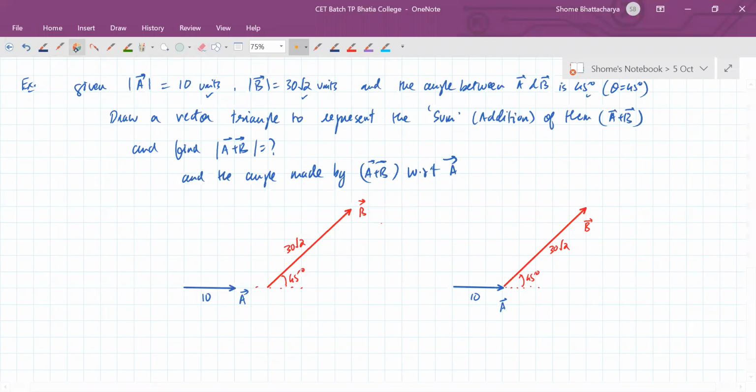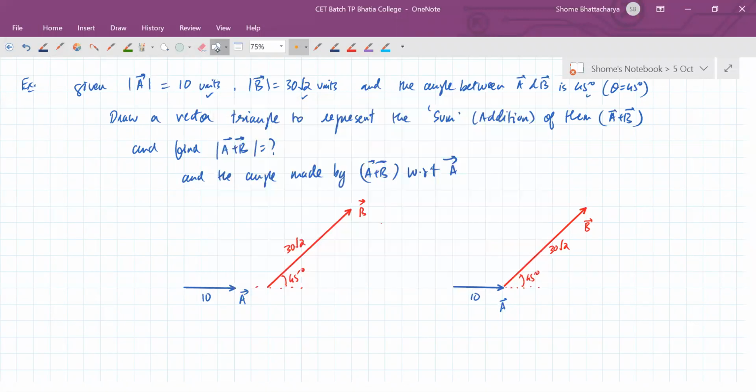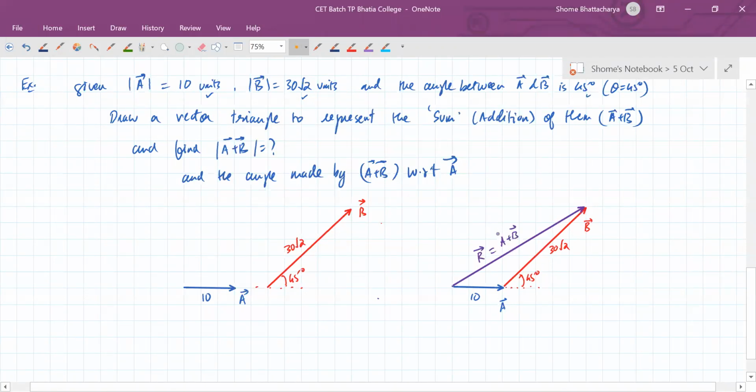And then the resultant sum of A and B, let's say resultant is denoted by R. So here R equal to A plus B. We sometimes use the symbol R because it is called the resultant.